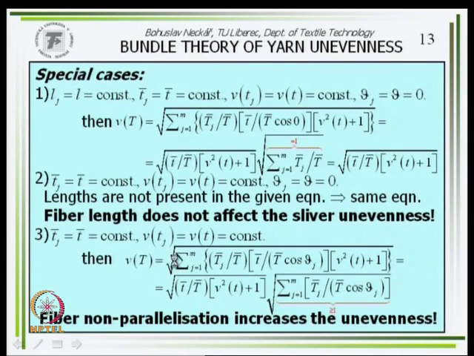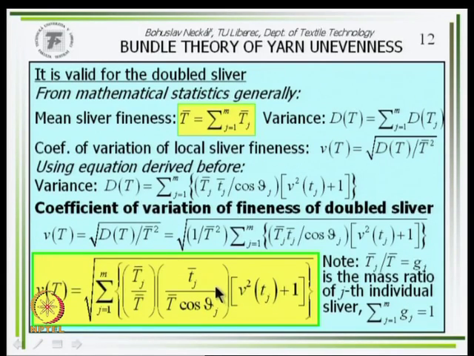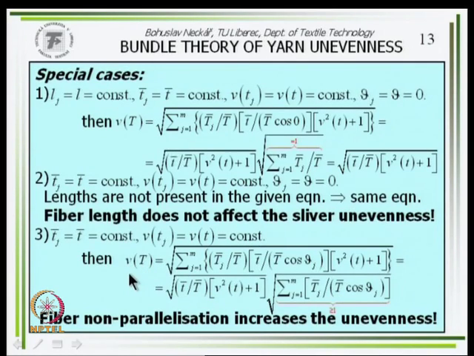Well, this is quite a general equation. We can solve maybe three special cases using this. The easiest case is when in each partial sliver the length is constant, the same for each fiber sliver.